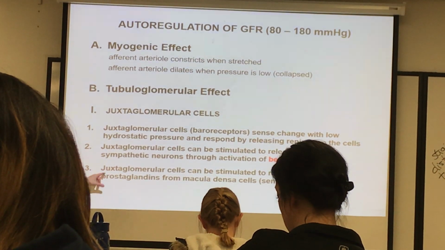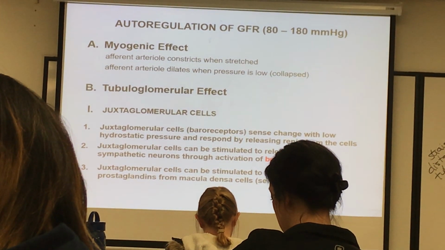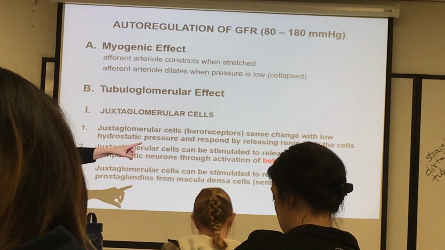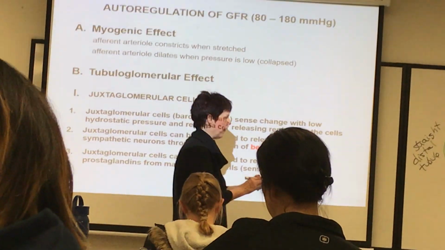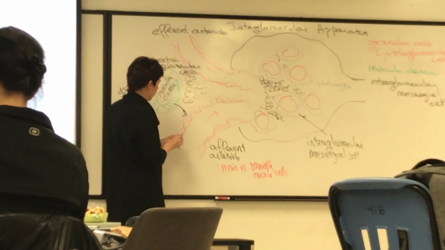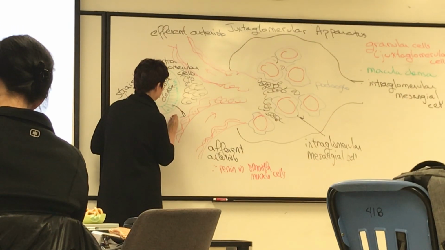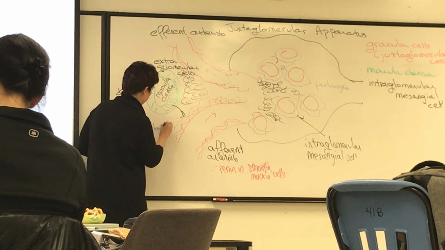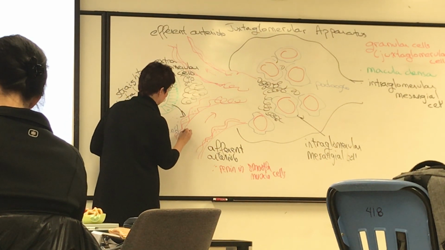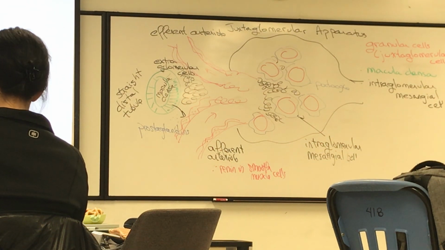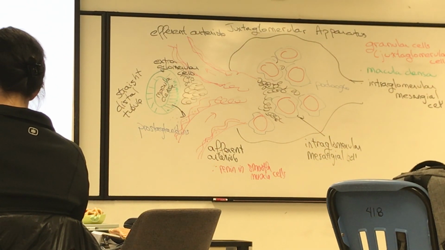And the third way is where we're going to bring in the macula densa. Okay? The macula densa can signal the afferent arteriole cells to release renin by sending prostaglandins. This would work as a paracrine type of effect, a local hormone.